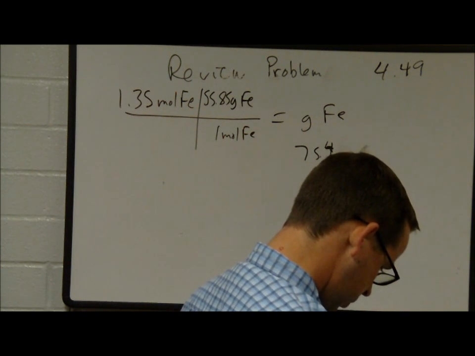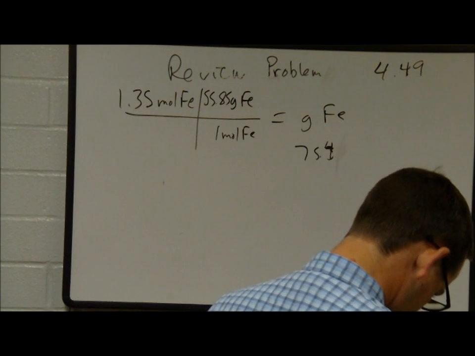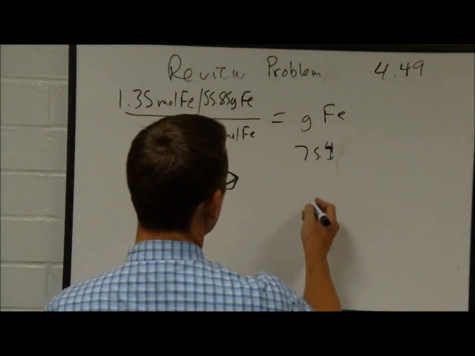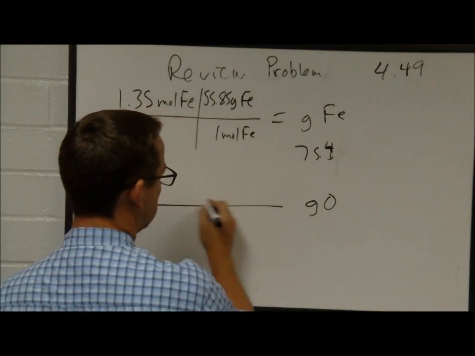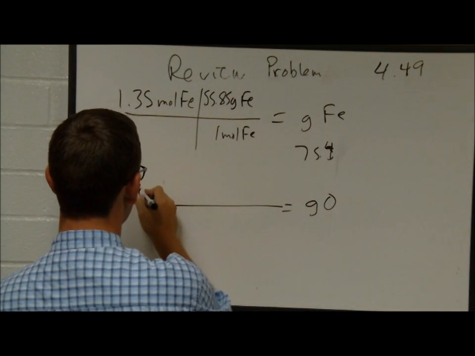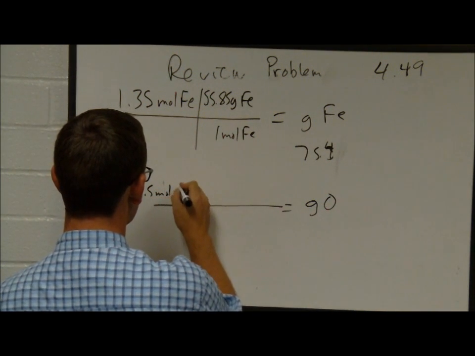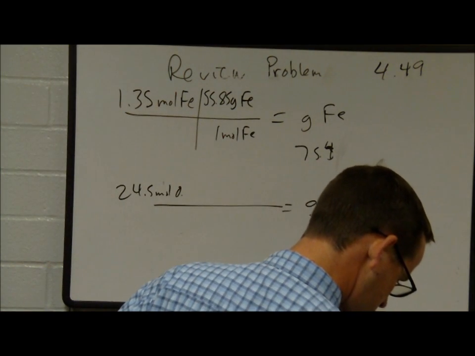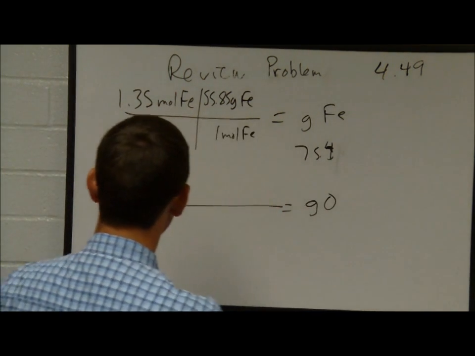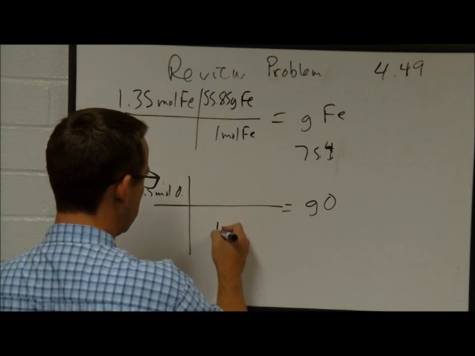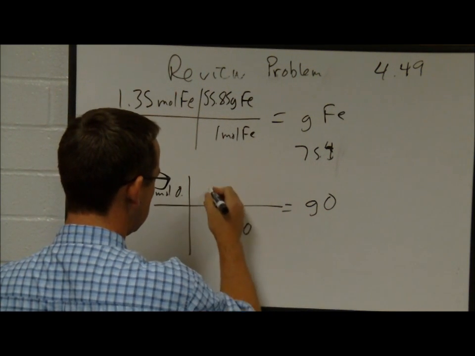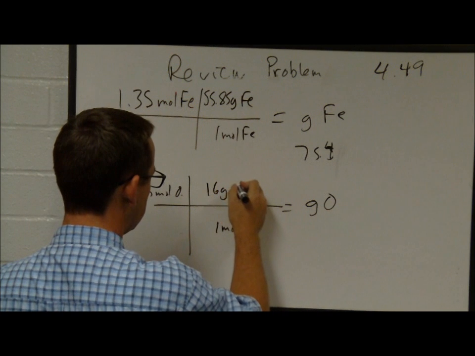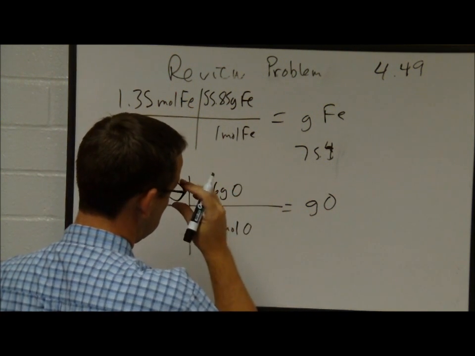Part B, though, says 24.5 moles of oxygen. How many grams of oxygen in 24.5 moles of oxygen? Is that oxygen atoms or oxygen gas? Just oxygen atoms. 24.5 moles. For every 1 mole of oxygen, there's 16 grams of oxygen.